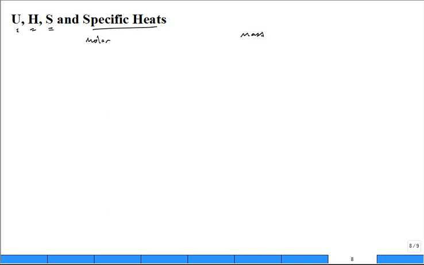On a molar basis, does it make sense that if I wanted to calculate the internal energy, cap U, in units like kilojoules, for the total mixture, it's equal to the sum, the number of moles of each component times its specific internal energy on a molar basis, right? U bar for each component I. And on a mass basis, cap U is equal to the sum of Mi, the mass of each component in the mixture, times U sub I.